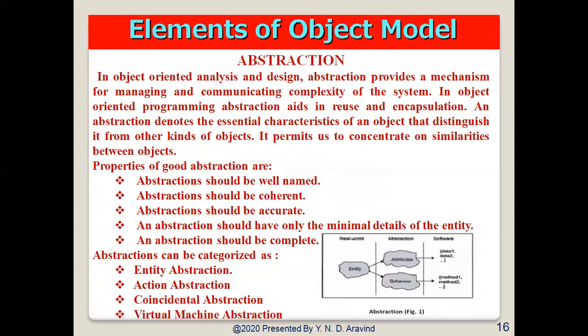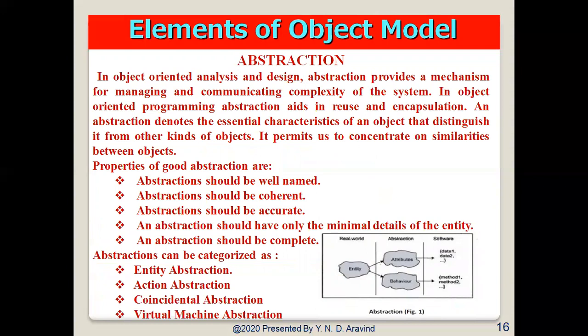Now, let us see the meaning of abstraction. An abstraction denotes the essential characteristics of an object that distinguishes it from all other kinds of objects and thus provides crisply defined conceptual boundaries relative to the perspective of the viewer.